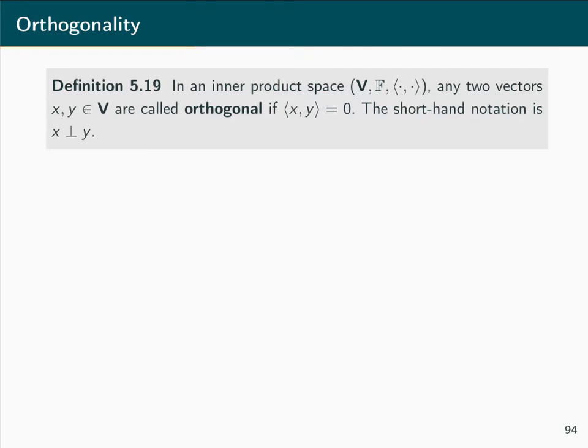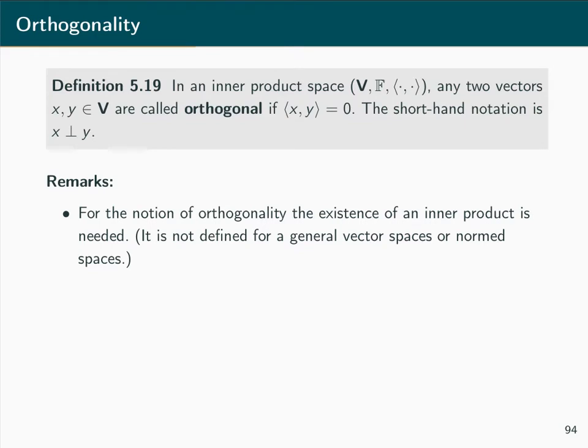We will also have a shorthand notation for this by simply writing x is perpendicular to y. Now, a few remarks about this definition. First, it should be emphasized again that the notion of orthogonality requires the existence of an inner product. So orthogonality is not defined if we don't have an inner product, such as on general vector spaces or normed spaces without any inner product.